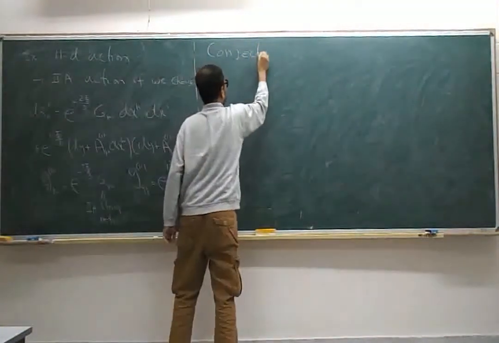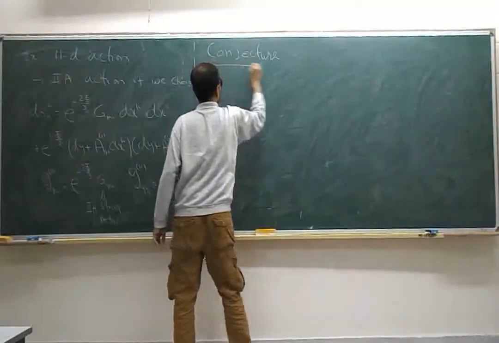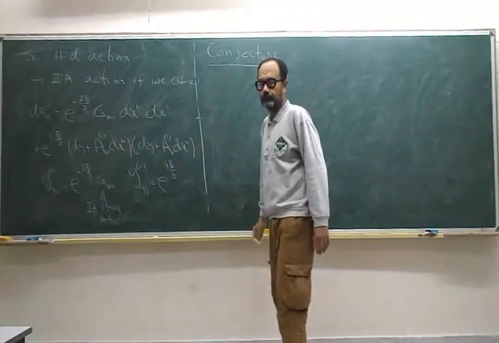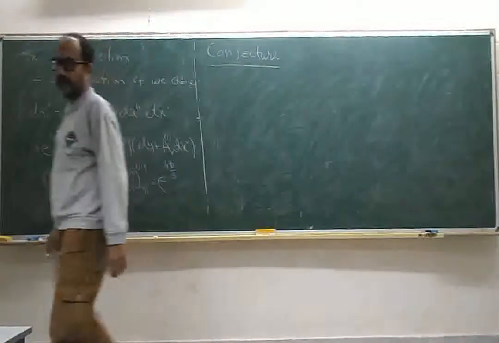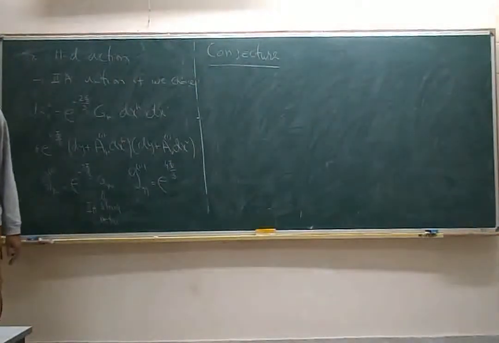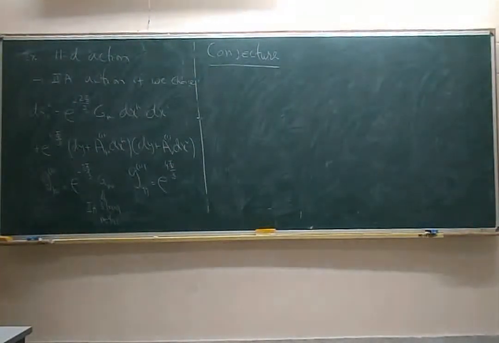This fact that you started with 11-dimensional supergravity and got type 2A is generically true for other dimensions also. If you do a dimensional reduction, as we argued, the number of supersymmetries is the same.